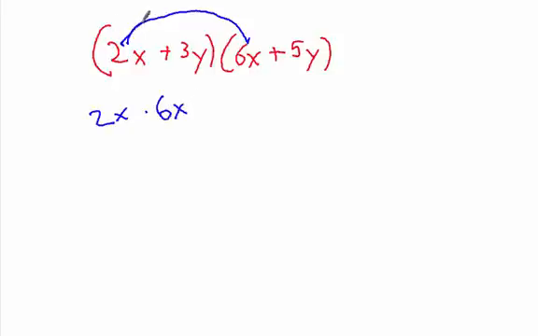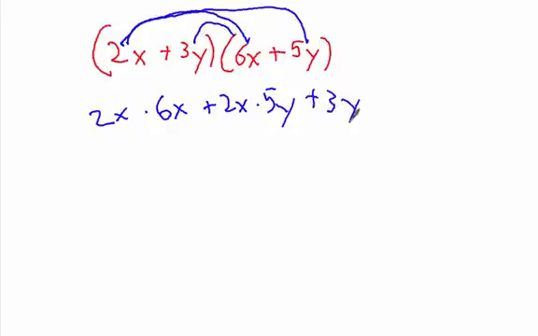We'll take the first term in the first binomial times the second term in the second binomial, plus 2x times 5y. Alright, repeat same thing with our second term. 3y times 6x and 3y times 5y.